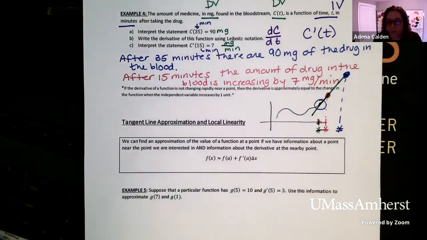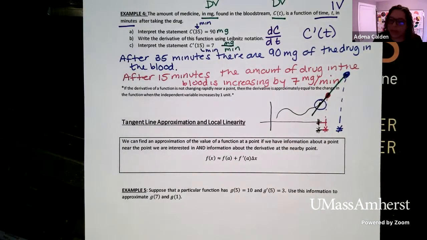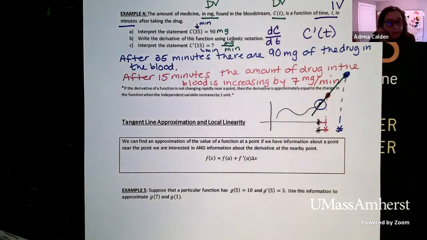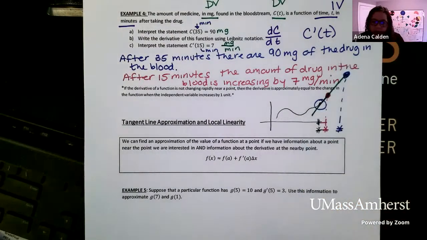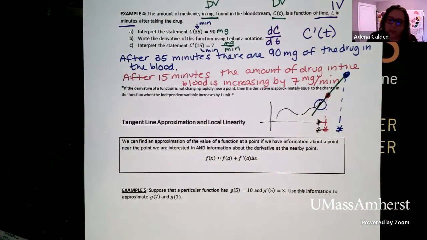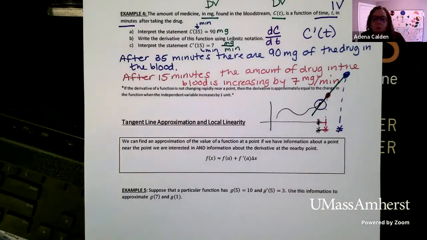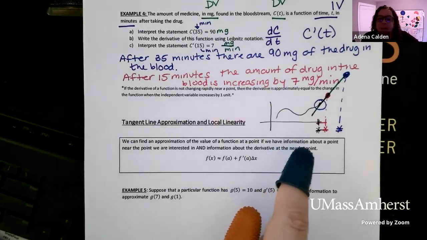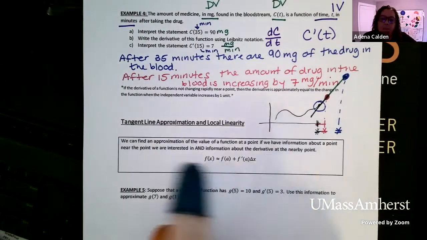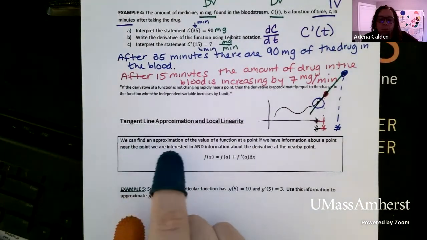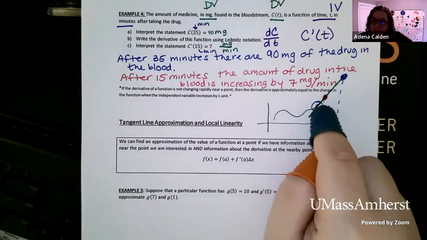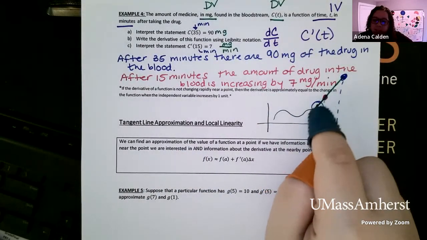Okay, so what does this process look like for coming up with this line for approximating? It's called the tangent line approximation because we're using the tangent line, and we also call it local linearity. We can find the approximate value of a function at a point if we have information about a point near the point we are interested in. This is the point where we actually had some information, and then we're trying to guess what's happening here.